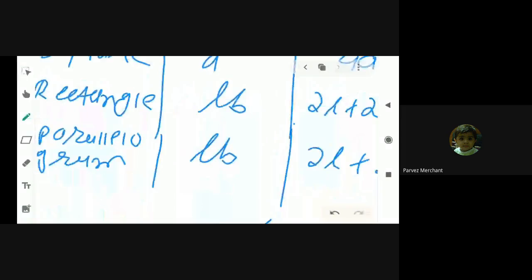Otherwise, if you write down your correct answer, height into length. So here I am taking LH, length into height. Okay, boys? Yes, sir.